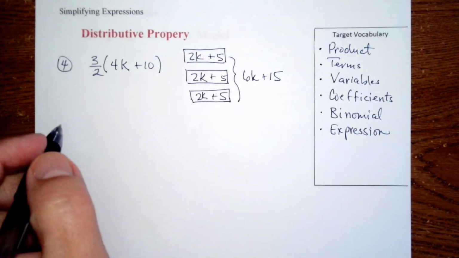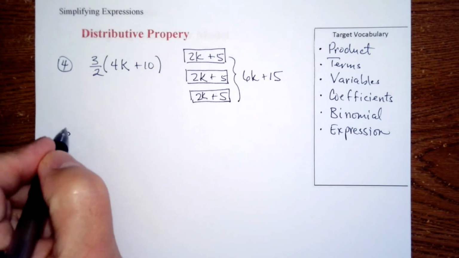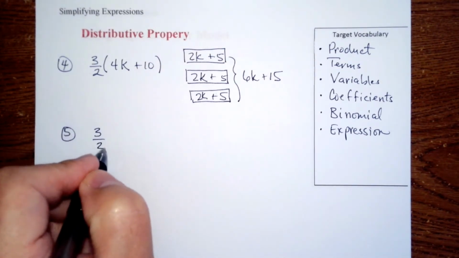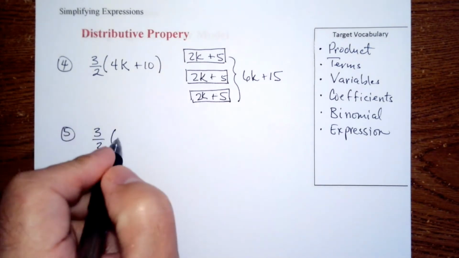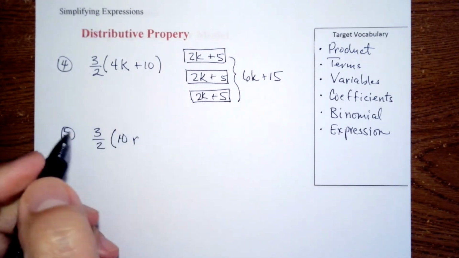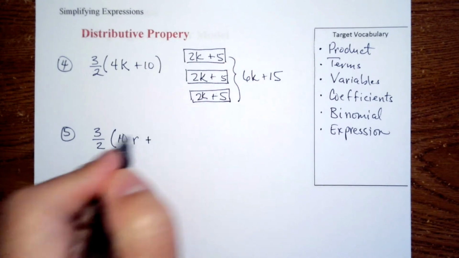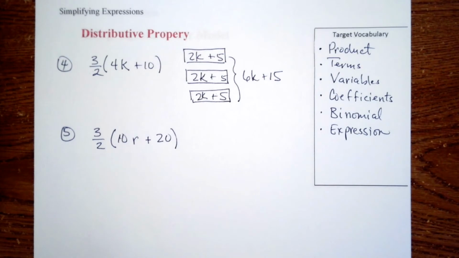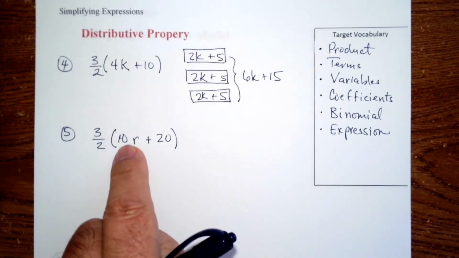I'm going to give you one to practice. Inside the parentheses, I have 10r plus 20.